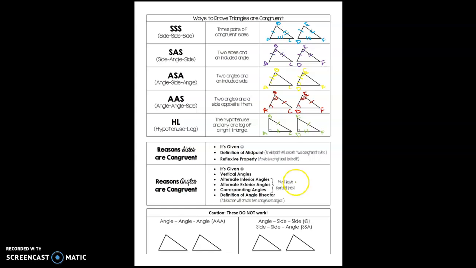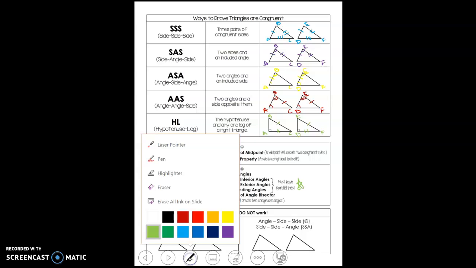But remember, the big thing here is you have to have parallel lines to have one of those three reasonings. And then our last one is definition of an angle bisector. So a bisector creates two congruent angles.